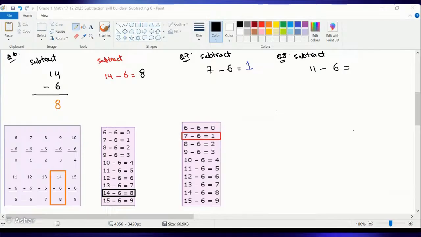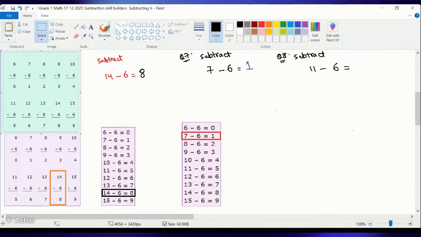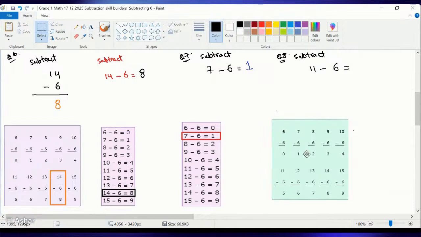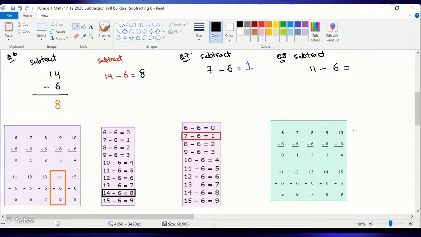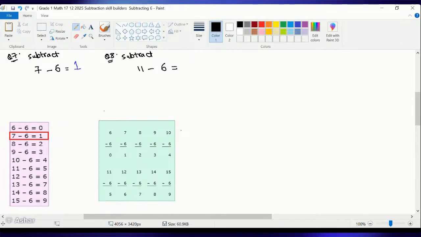If we have the grid that is given to us, we can always find the value through this. So 11 minus 6 should be equal to 5. That means 11 minus 6 was equal to 5.